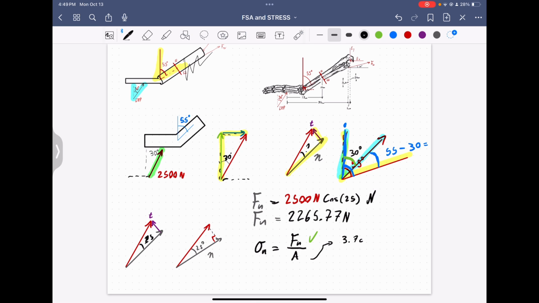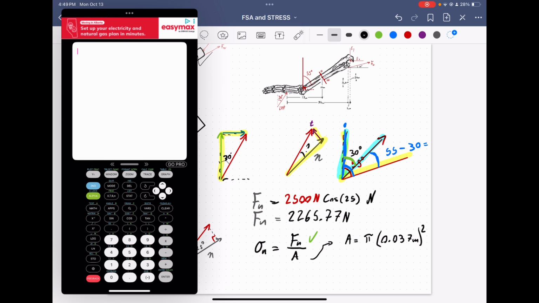So 3.7 centimeters, and we know area equals pi r squared. We can do it in meters, and that is going to give us something really small. You can keep it in centimeters and do your units that way. It does not matter. Or you can do whatever you like.